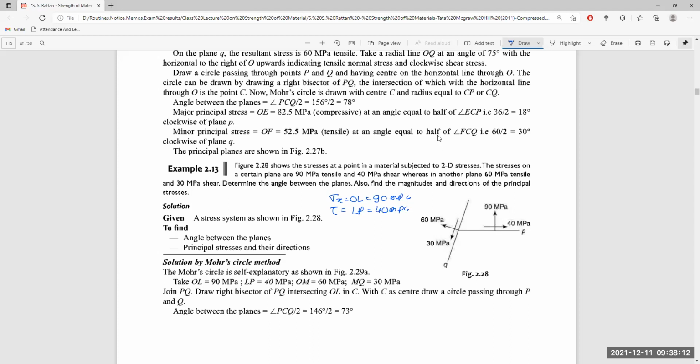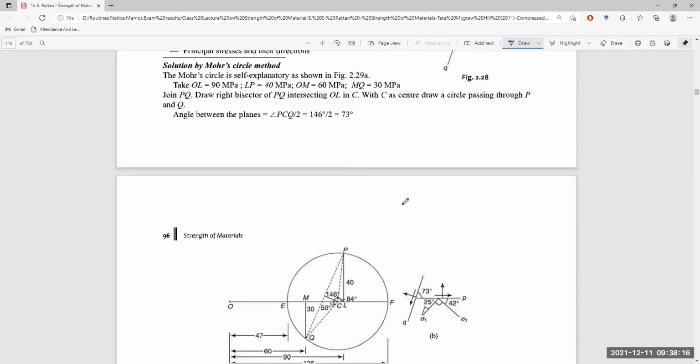And OM is 60 MPa, from here to M, and MQ is 30 MPa. So these stresses are different.